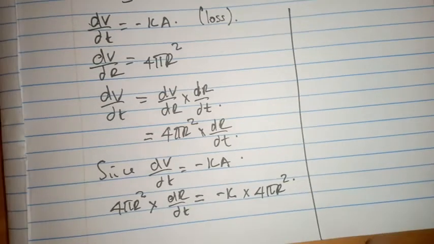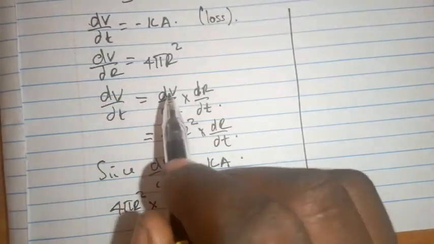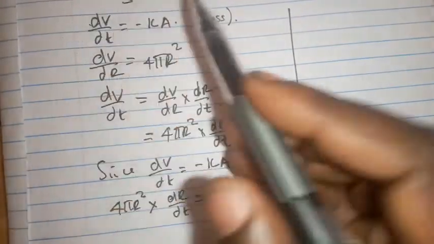So dV/dr we get by differentiating that statement.